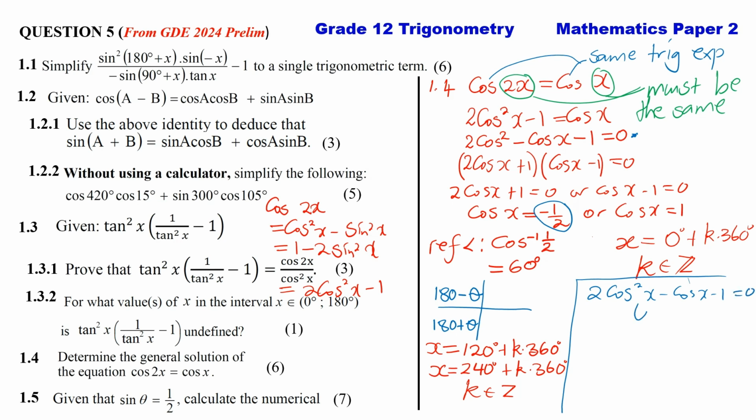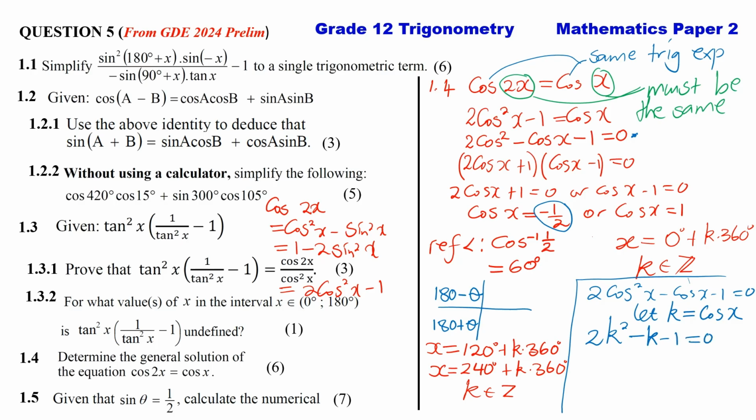You are allowed to use k or any variable to make your expression simpler. So I can say let k be equal to cos x. Then this equation can be expressed in terms of k. It will now be 2k squared minus k minus 1 is equal to 0.